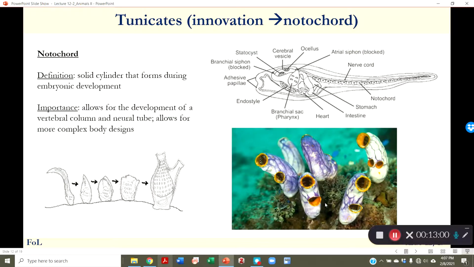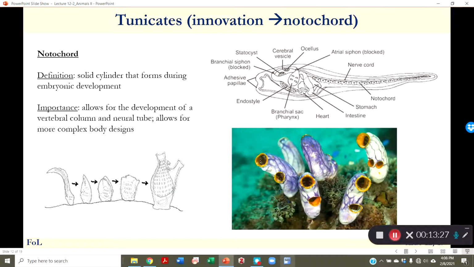So tunicates were the first group that had a notochord. So when we talk about chordates, tunicates are our first big group that is a chordate. And so these are really interesting animals because they look a lot like a sponge, but they're much more derived organisms. They have the solid cylinder that forms during embryonic development.